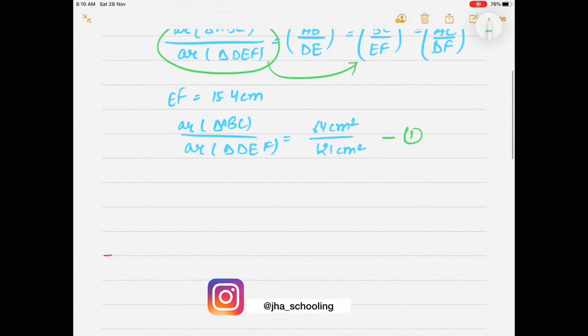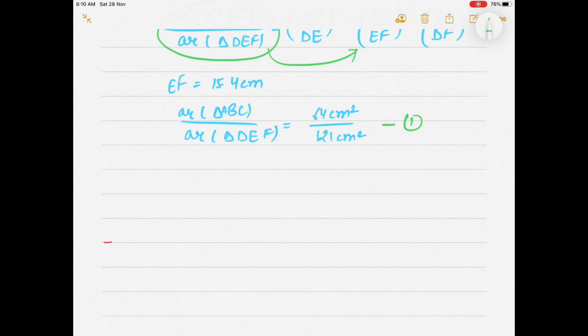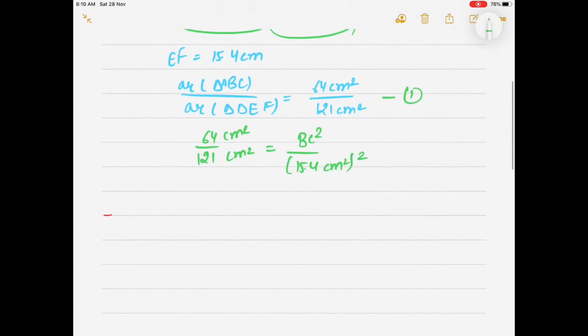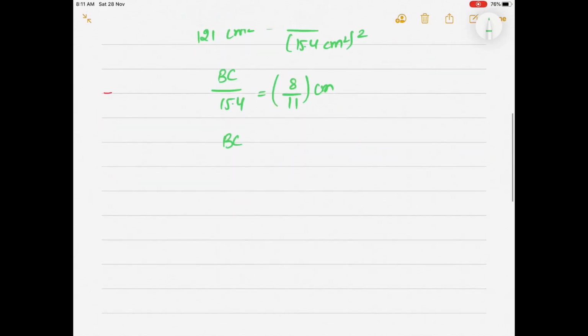So if we put this equal to (BC by EF) whole square, 64 by 121 is equal to BC square by 15.4 square, because EF is given as 15.4 cm. So BC divided by 15.4 is equal to 8 by 11.